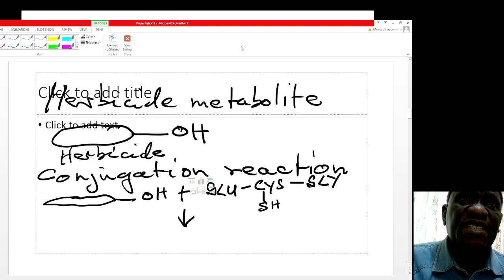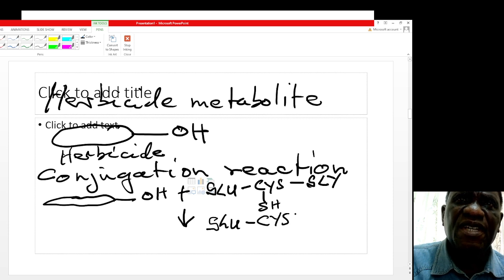So the product is going to be like this. Glutamate joined to cysteine, then to glycine.